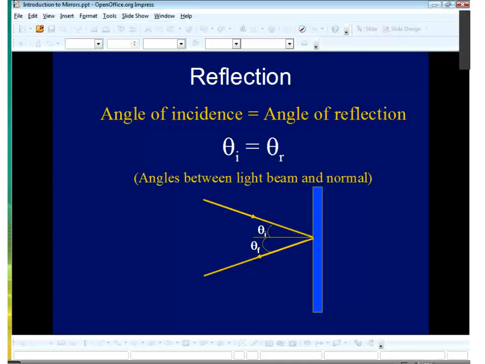So this rule works for curved mirrors also. You can imagine some curved mirror here, and the same rules would work. No matter at which point the ray hits the mirror, at that particular point you can construct the normal and proceed.